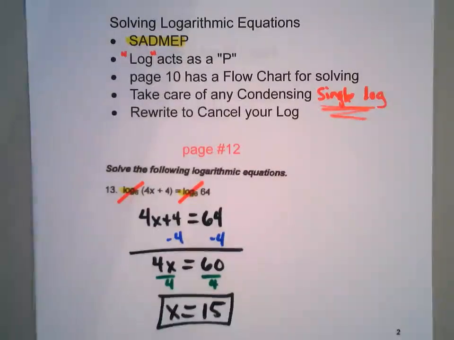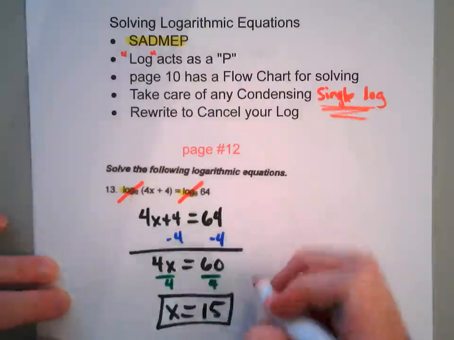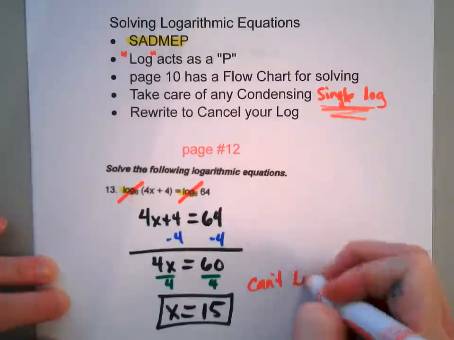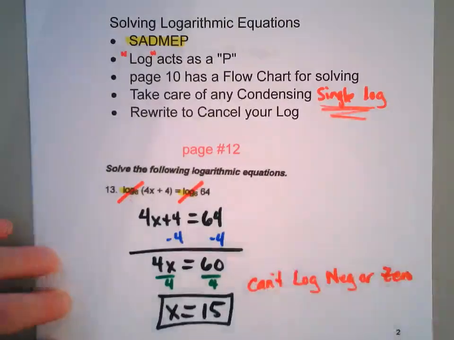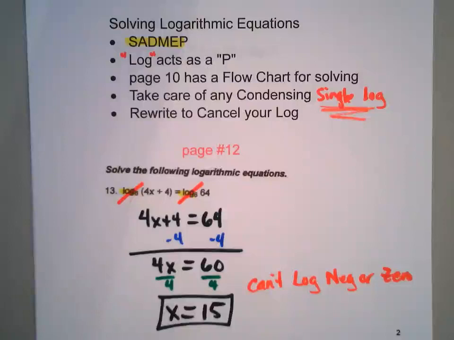Now, in our previous unit, we talked about extraneous solutions. We still have to worry about extraneous solutions. So what makes an extraneous solution? Well, you can't take the log of a negative or a 0.